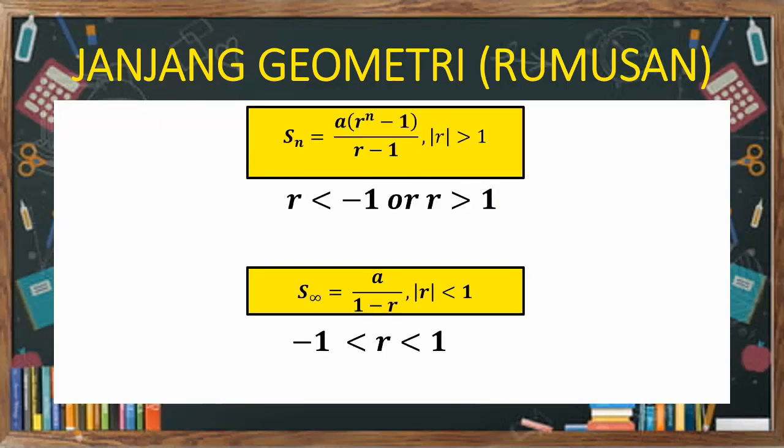The next formula we learned was Sn equals a into r to the power of n minus 1 over r minus 1. For this formula, r must be less than -1 or more than 1. Lastly, there is sum to infinity, which is a over 1 minus r, and r also must be in between -1 to 1.